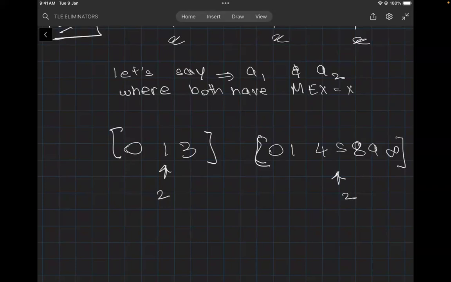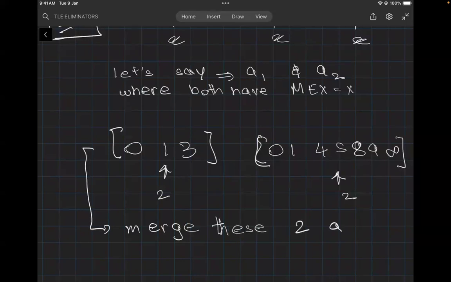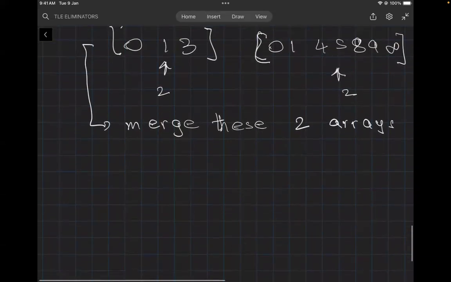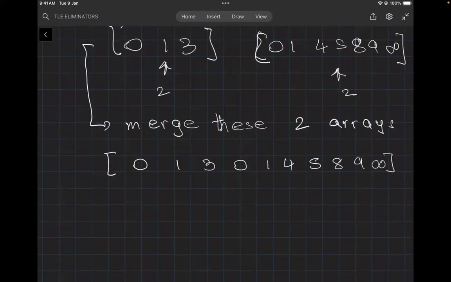The main observation that you require to solve this problem is: what will happen if I merge these two arrays? If I merge them, the array becomes 0, 1, 3, 0, 1, 4, 5, 8, 9, and infinity.